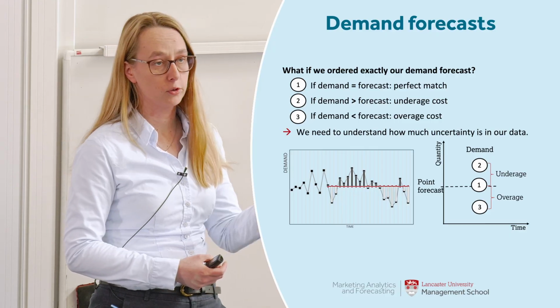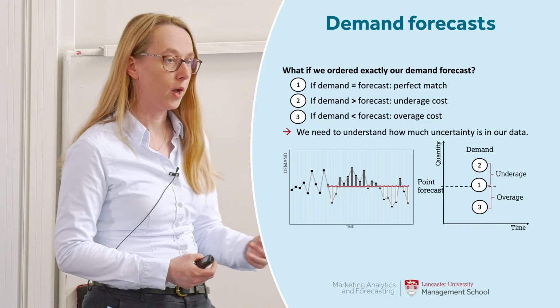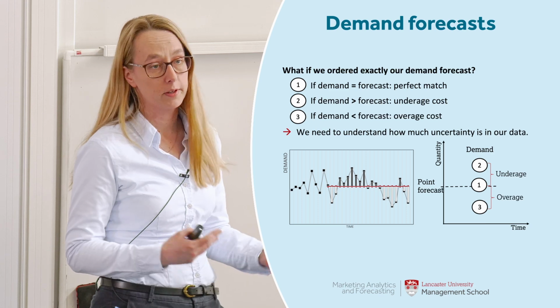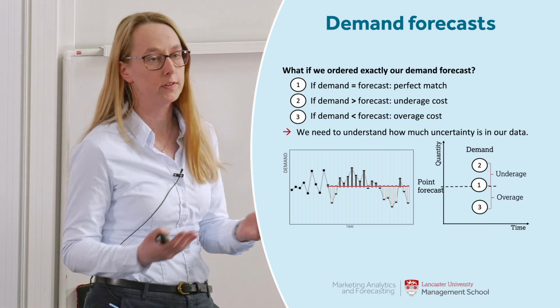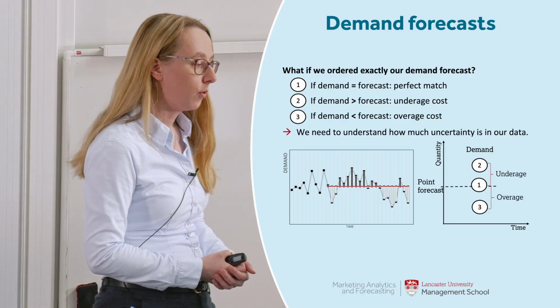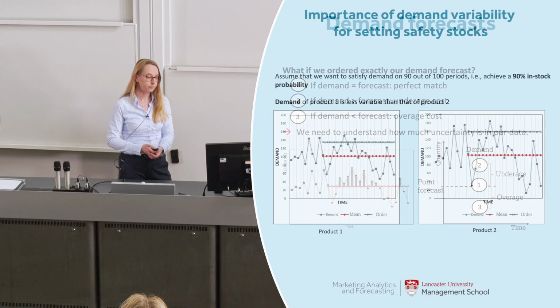So in order to make a good decision of where we want to be with our order quantity, for example, is it more costly to have underage than overage costs or vice versa, it's important to understand how much uncertainty is in our data.